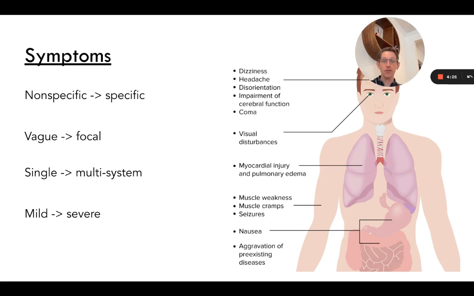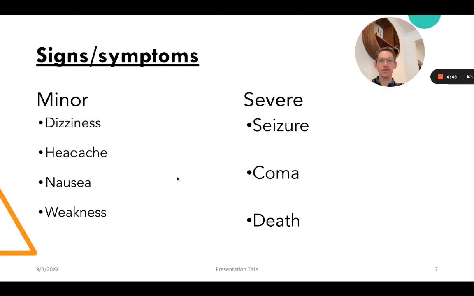Someone who's older and has underlying health problems may be much quicker to develop severe symptoms than someone who's young and healthy. But as you can see, it can start off very vague but get very focal and severe. So the hallmark of carbon monoxide poisoning is vague and nonspecific symptoms.